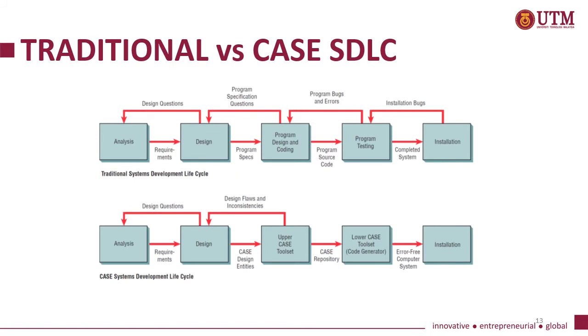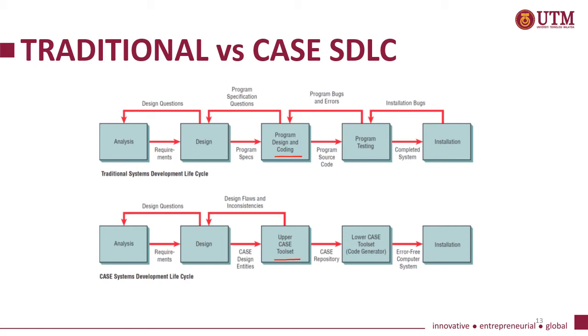Here we can see the differences between the traditional versus CASE system development lifecycle. Both have 5 phases, but here is the main difference in program design and coding for the traditional and the upper CASE toolset for CASE system.